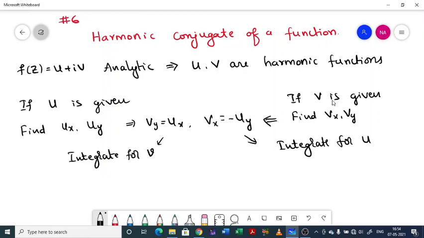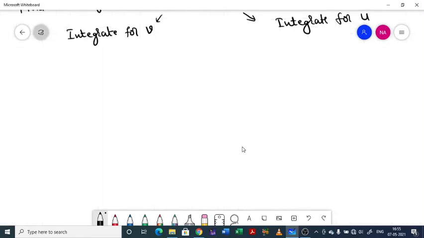If v is given, then find its derivatives, then convert the derivatives of v into derivatives of u, then integrate with respect to x or y, then choose the constant appropriately, you get u. So this is the working procedure. Either u or v will be given, you need to find their partial derivatives, then use CR equations, then integrate. That is the working procedure you have to follow.